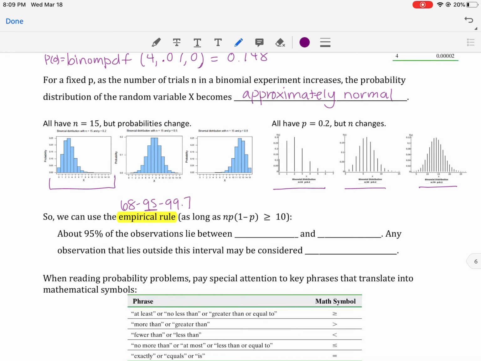So the 95 represents that about 95% of the observations lie within 2 standard deviations of the mean. So often we write that as mu minus 2 sigma and mu plus 2 sigma, representing within 2 standard deviations of the mean.